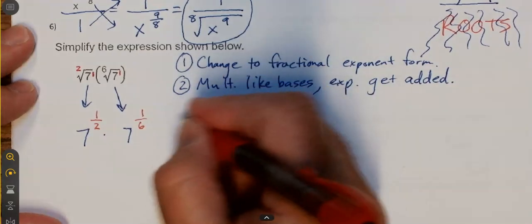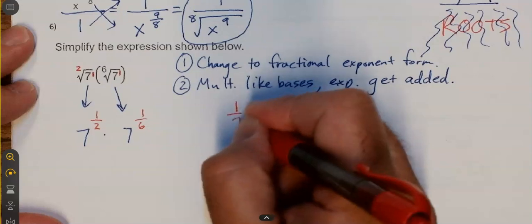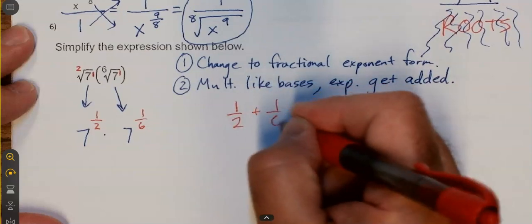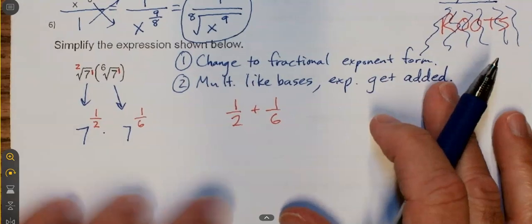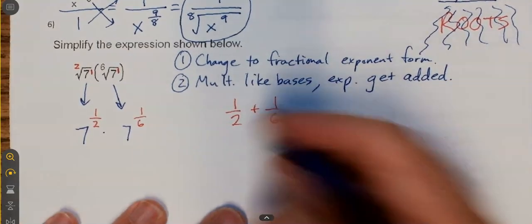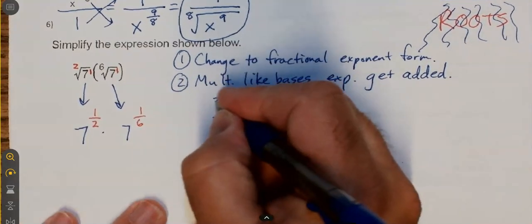Okay. Well, if that's true, then I need to figure out what 1/2 plus 1/6 is. Looks like a job for common denominators. What's the common denominator between 2 and 6? 6 is, so we can multiply this one by 3.